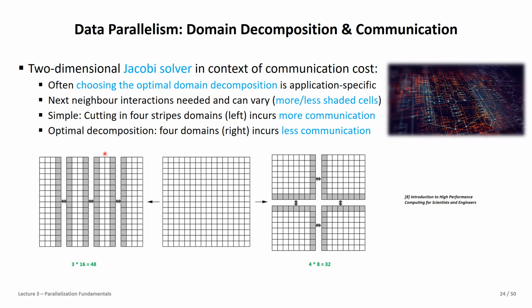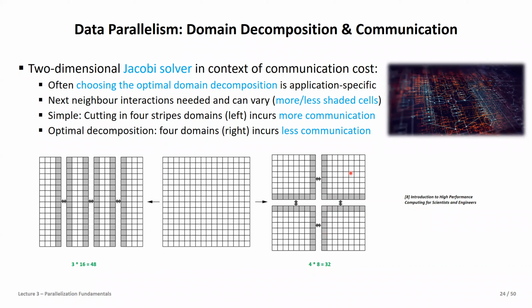If you cut it into these different pieces, that is 3 times 16 communications, adding up to 48. A blocky representation of the domain decomposition will actually decrease the amount of communication necessary, because it's just 4 times 8, which is 32.